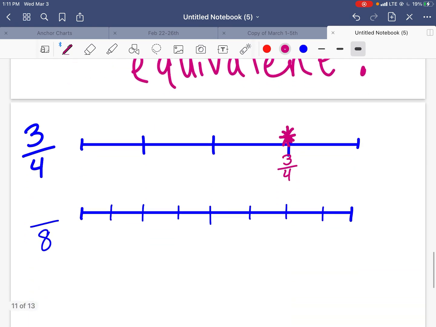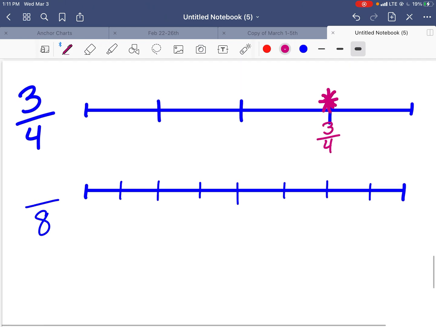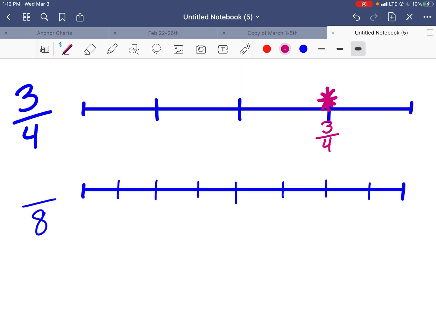All right, let's keep going. We can show these same fractions on a number line instead of in models. So we can look at 3/4 first and see, okay, this is 0/4, 1/4, 2/4.